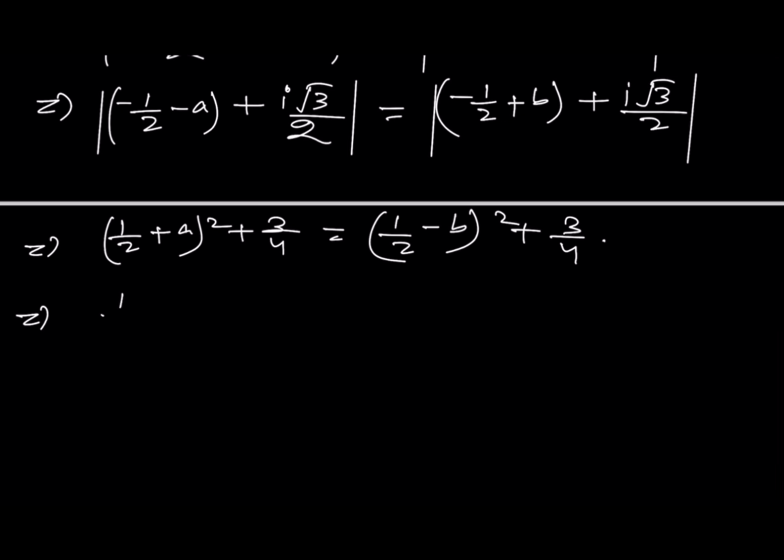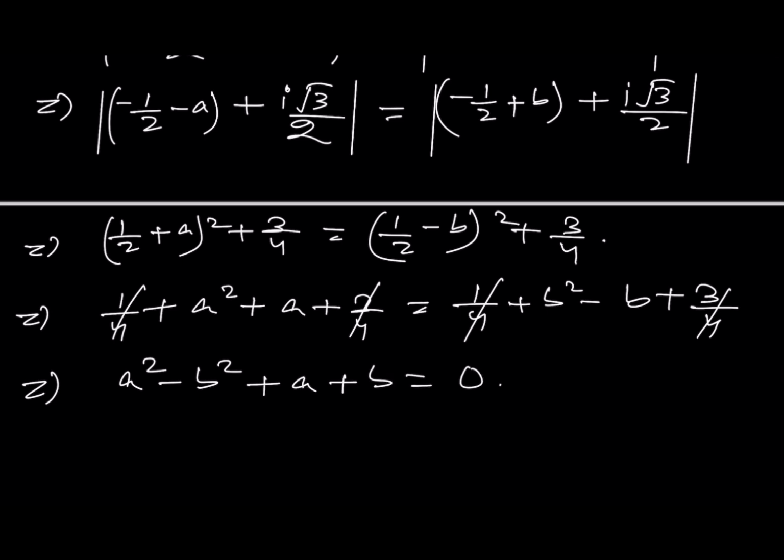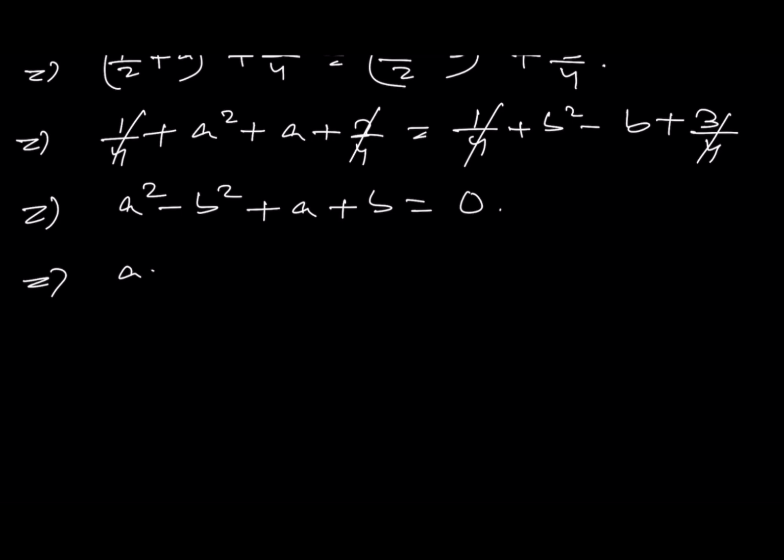So 1 by 4 plus a square plus a plus 3 by 4 is equal to 1 by 4 plus b square minus b plus 3 by 4. Okay, 3 by 4 and 1 by 4 will cancel out. So this will be a square minus b square plus a plus b is equal to 0, gives you (a minus b) into (a plus b) plus (a plus b) is equal to 0, right?